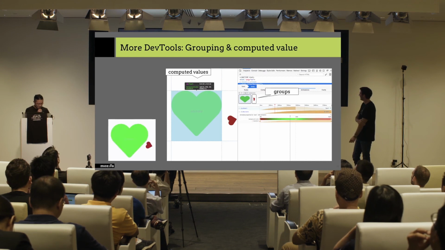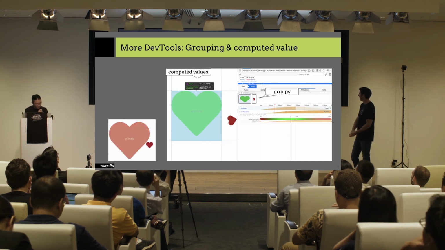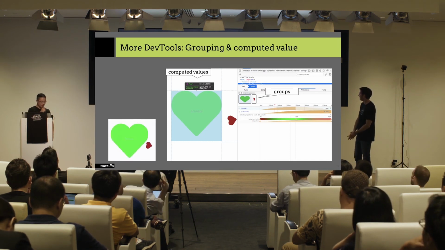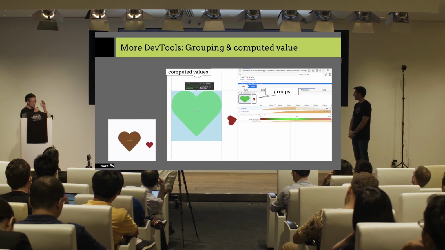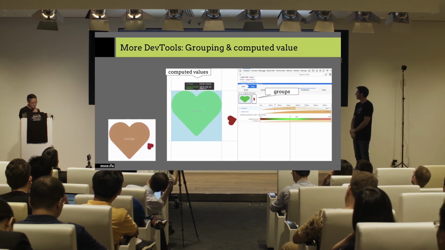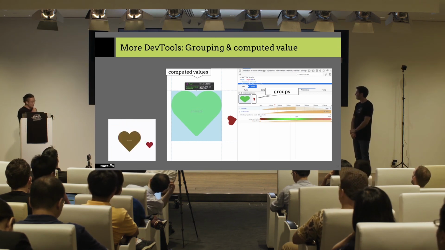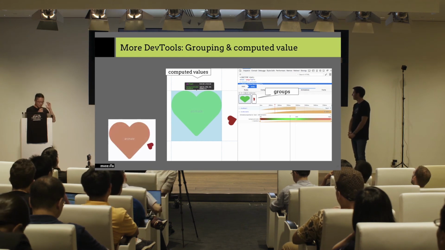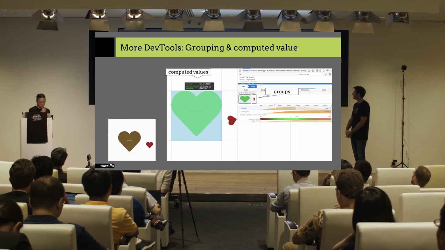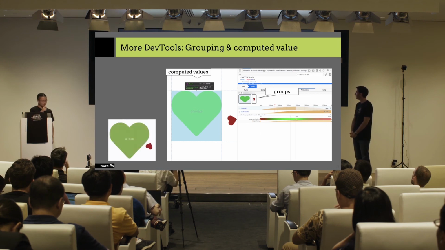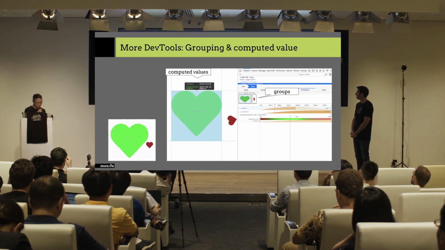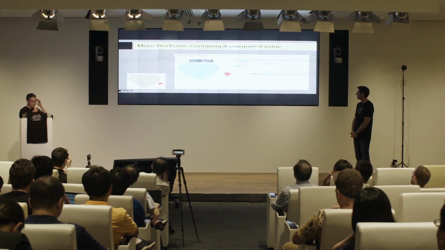And next, grouping. Although the current inspector displays existing animations in the document sequentially, it will be more understandable if we handle animations which start at the same timing as a group. For example, these hearts are animated independently. We will treat them as different groups so we can investigate each.